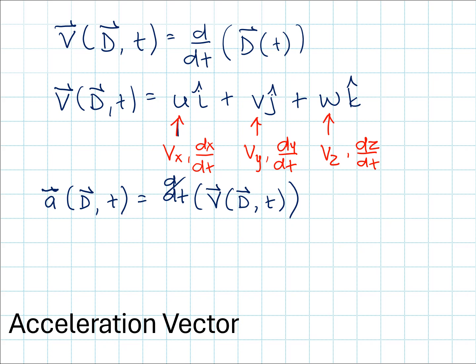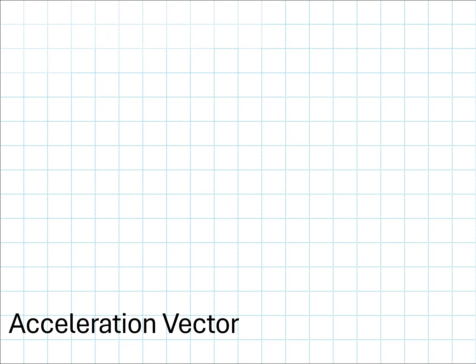Because this velocity vector is a function of both space and time, I have to apply a chain rule differentiation to derive my acceleration vector. So applying the chain rule differentiation, I can resolve my acceleration vector like this.